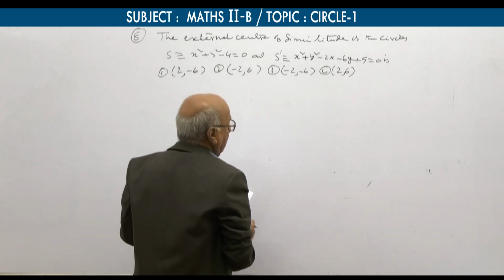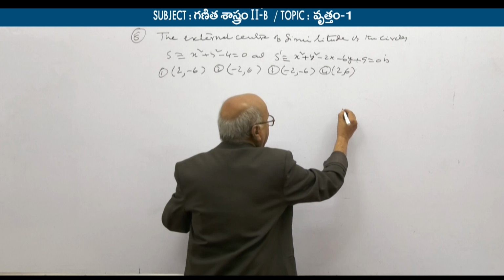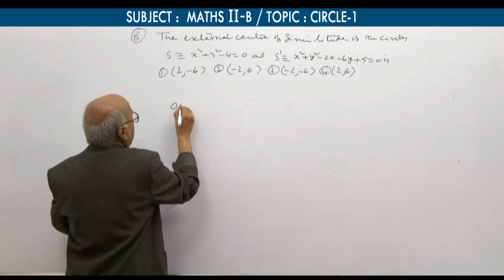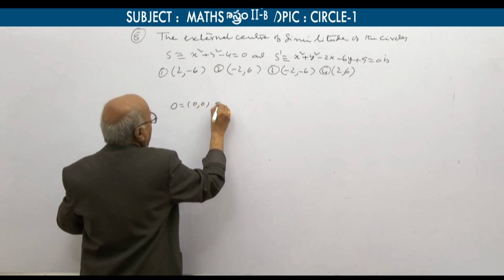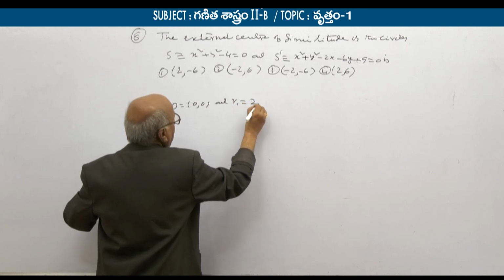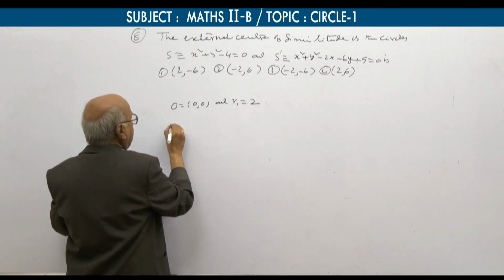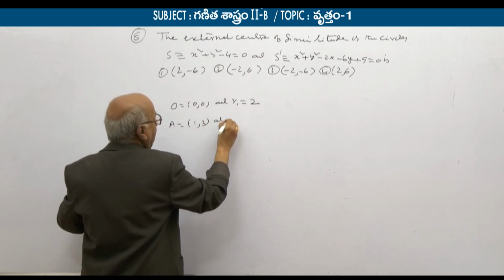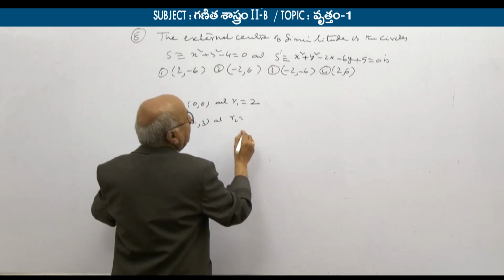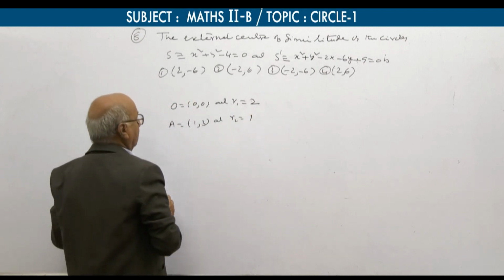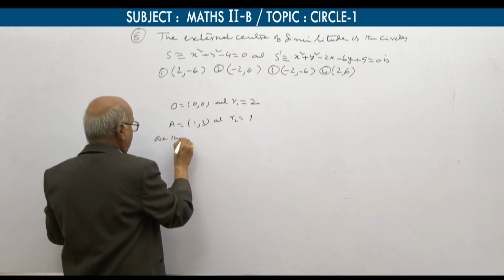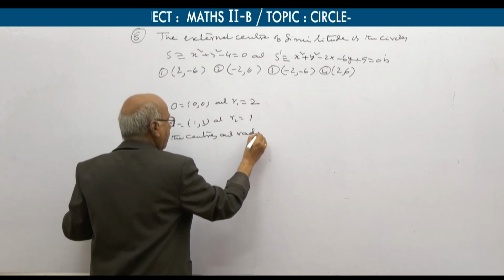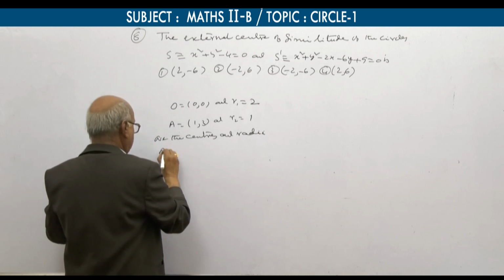And as I told you, now we'd rather write the centers and radii. O is equal to 0, 0, and R1 is equal to 2, and A is equal to 1 comma 3, and R2 is equal to 1. Are the centers and radii of the circles.